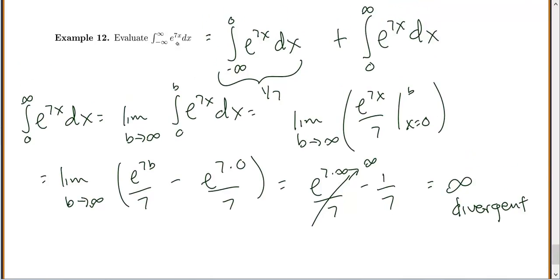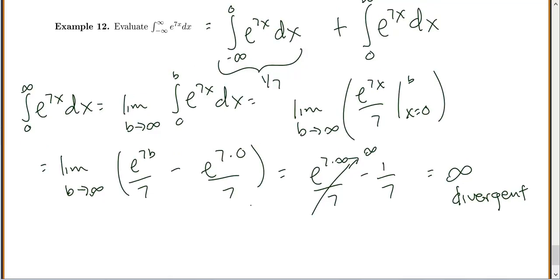Okay, and so when we come back and look at our entire integral, this first piece we found up above is 1 over 7, but this piece is infinity. So what happens if you have 1/7 plus infinity?